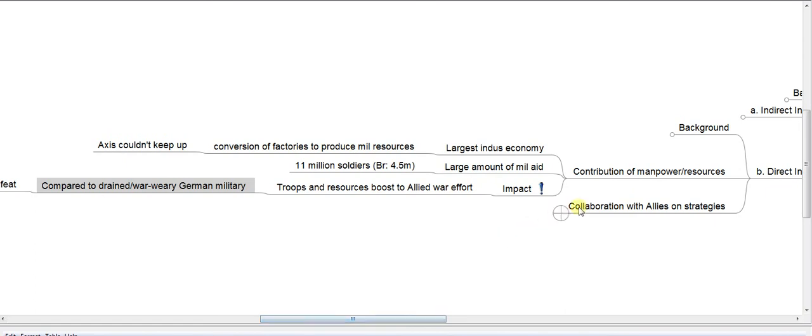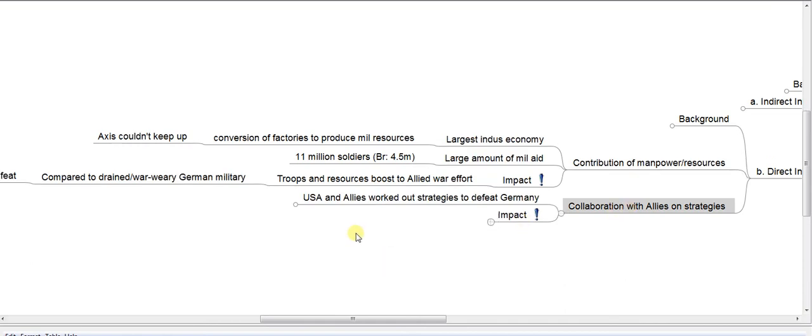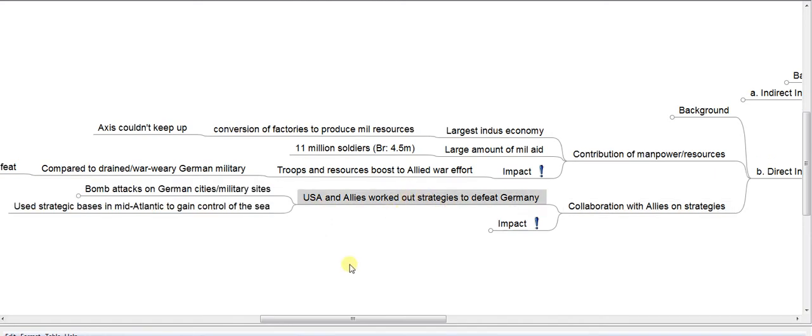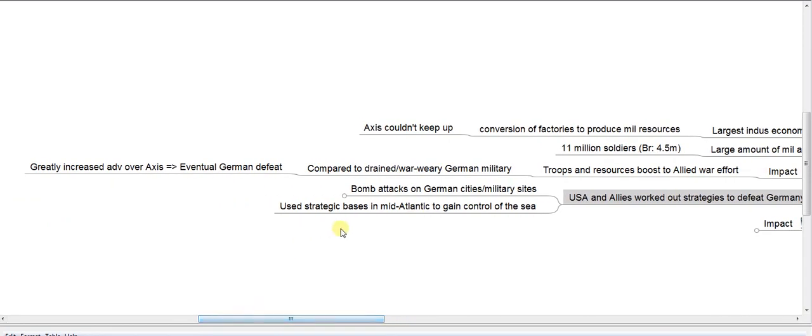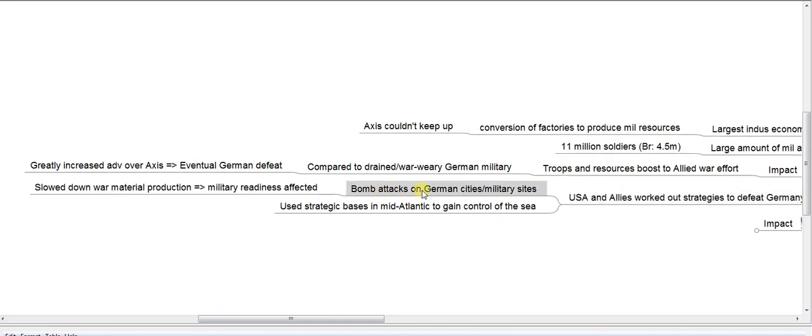Okay, and next up, there was also collaboration with allies on strategies. So, for example, the USA and the Allies worked out certain strategies to defeat Germany. So what happened was that bomb attacks, especially from American planes, were launched on German cities and military sites.